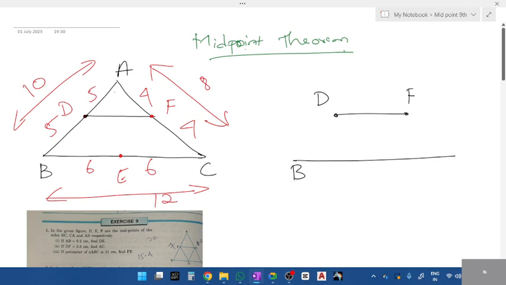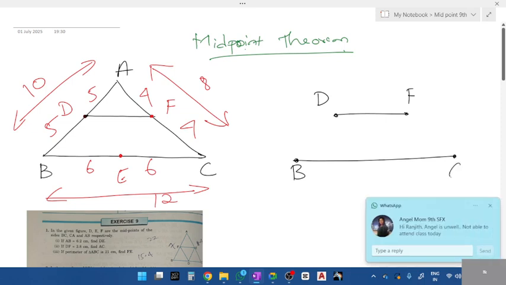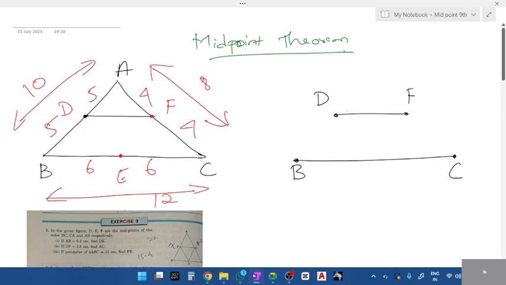We used AB and AC. Okay. Which line we didn't use? BC. Okay. Therefore, what will be the ratio, students? The ratio of DF is to BC is 1 by 2. Fine. Other ratio will be 1. See, other values ratio will be 1, but this one will be 1 by 2.